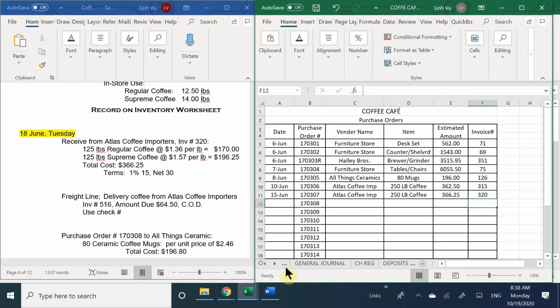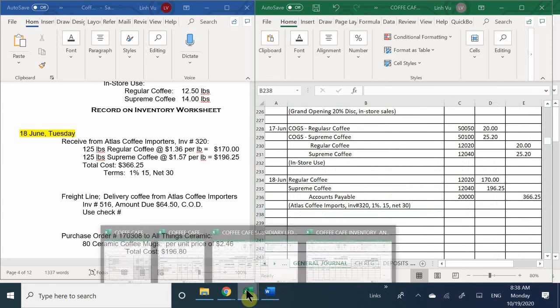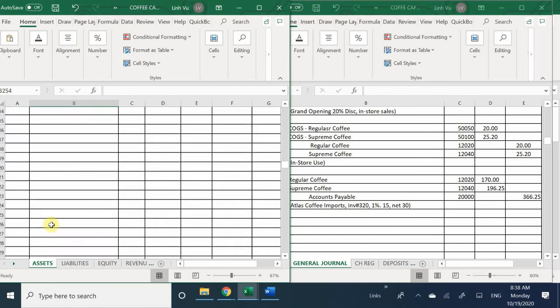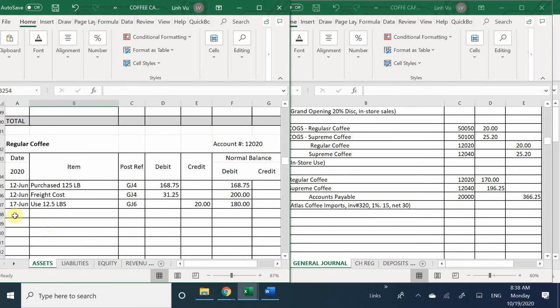So let me go to my general journal, then now my ledger. Okay, so where do I go first? Regular coffee. All right, here you go, regular coffee. How do I fill this out? 125 pounds.